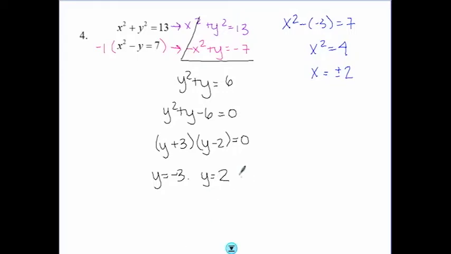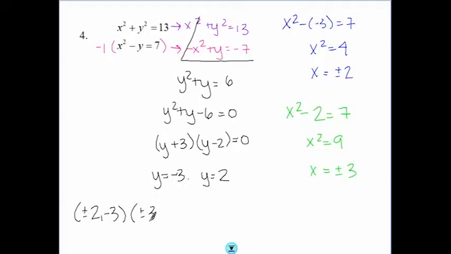Now I'm going to do the same thing with y equals 2. And I get x squared equals 9, so x equals plus or minus 3. So this means I had plus or minus 2 that went with the negative 3, and plus or minus 3 that went with the 2.